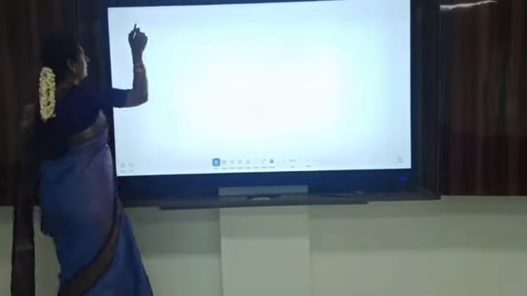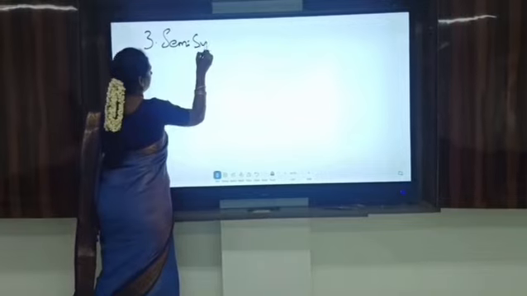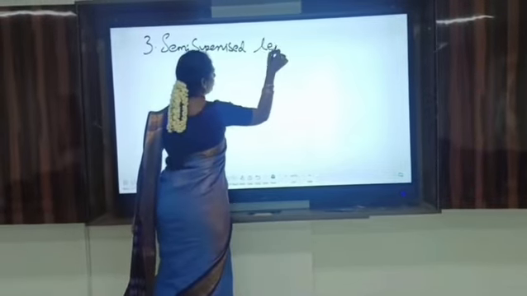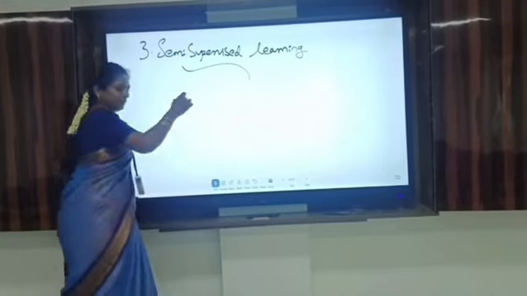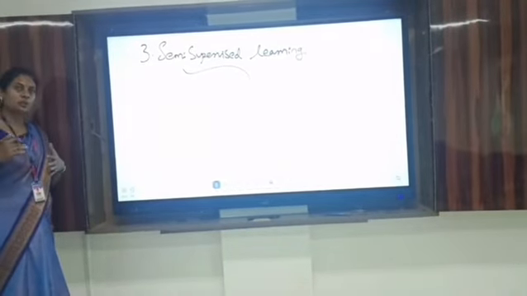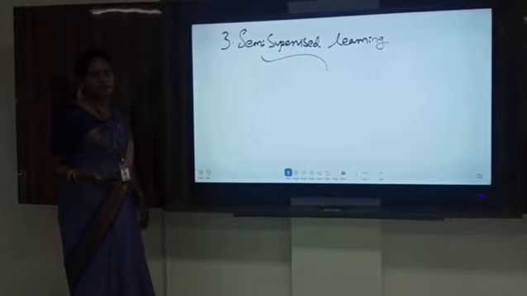The third type of learning is semi-supervised learning. Semi-supervised learning is the combination of both supervised and unsupervised learning. So here it is used with data that has a fewer labeled data and a large portion of unlabeled data.